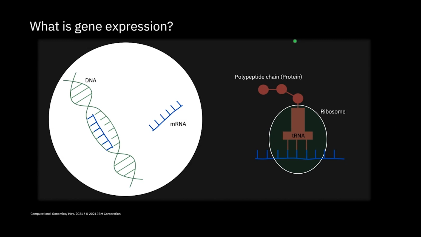What is happening in the nucleus is that the DNA is being processed to generate something called messenger RNA, which is this mRNA. The process of taking the DNA, unzipping it like this, and then generating this mRNA is called transcription.